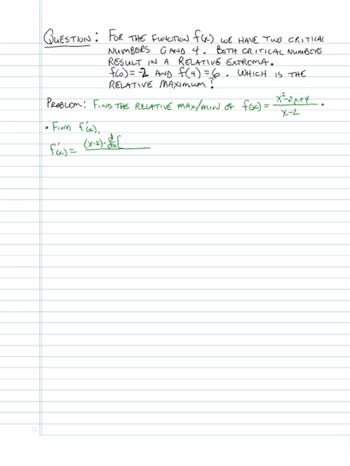And the numerator, of course, is x squared minus 2x plus 4. Subtract, oh, this is long, isn't it? The numerator, which is x squared minus 2x plus 4, times the derivative of the denominator. And of course, the denominator is x minus 2. And all of that's divided by the old denominator squared.